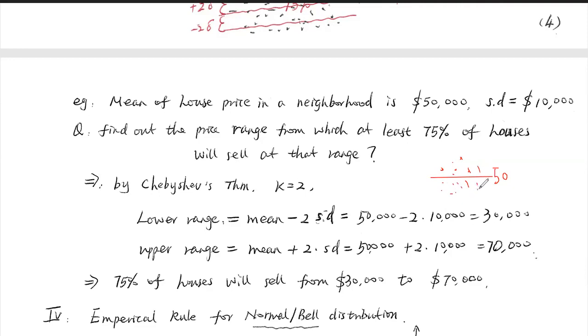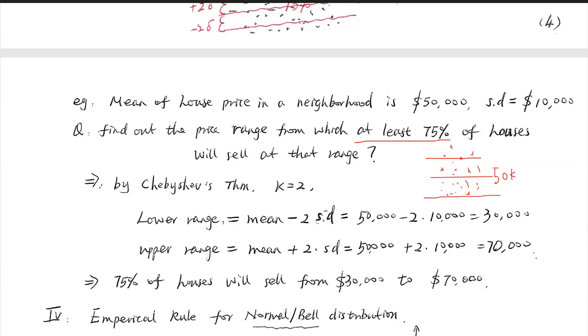Average we know is 50K. Based on this neighborhood, we calculate the standard deviation is about 10K. Now we want to find out what's the price range so that at least 75% of values will fall in that range. That means we want to find some range here, some range here.